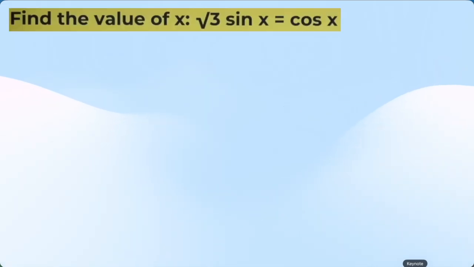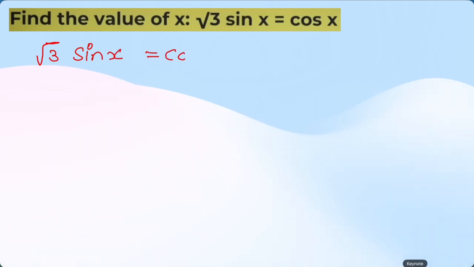See the question. Root 3 sine x is equal to cos x. Okay, this time we are not given the values directly. We have to find it. Root 3 sine x equals cos x. I know one relation. What was that? Good.